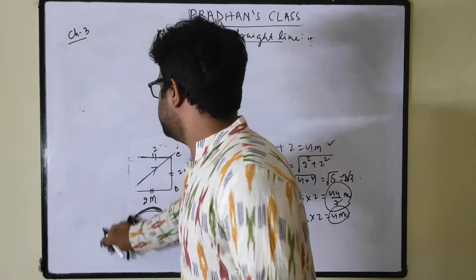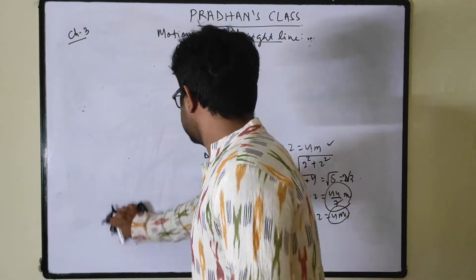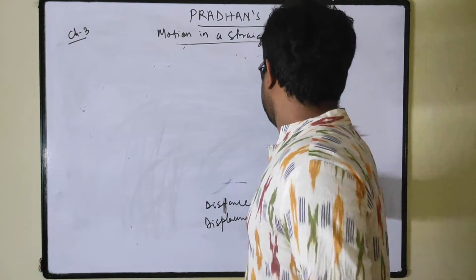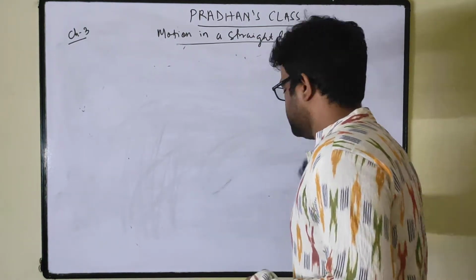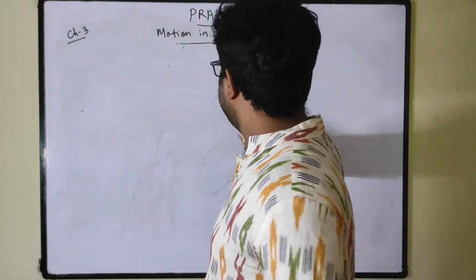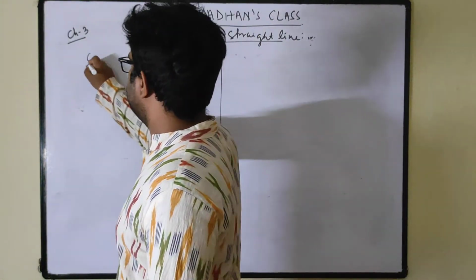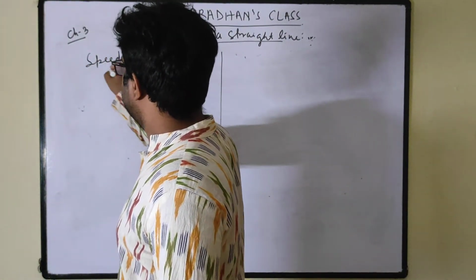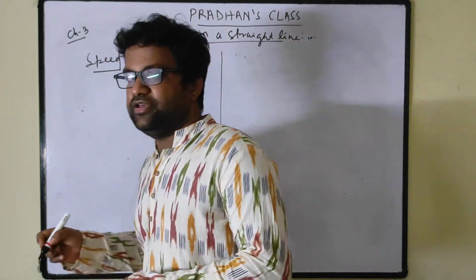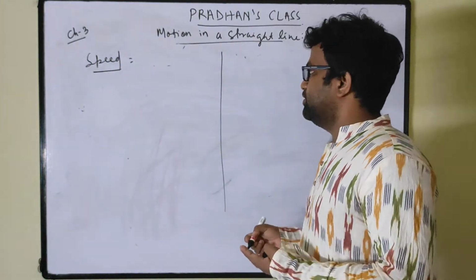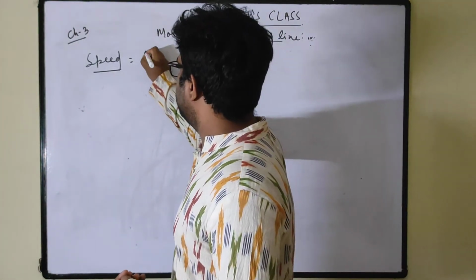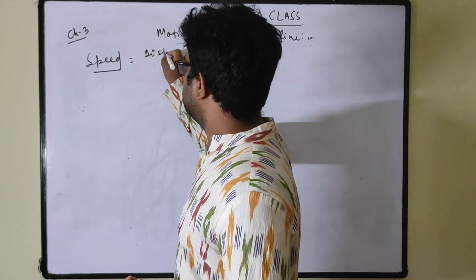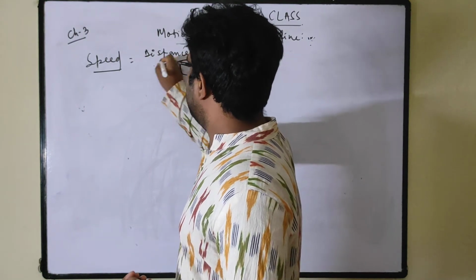Right. Now speed and velocity. Previously we have written the definition. Speed is equal to distance upon time.